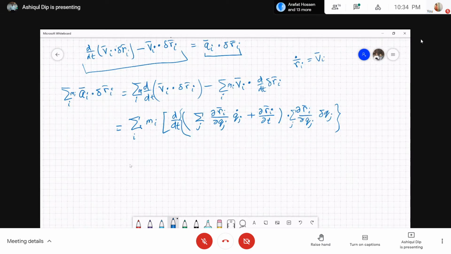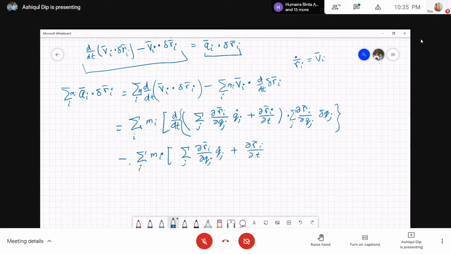And we have the next term. We have sum over i, m_i, and then v_i. Again, explicitly write down the v_i: sum over j, delta r_i over delta q_j dot q_j, plus delta r_i by delta t.